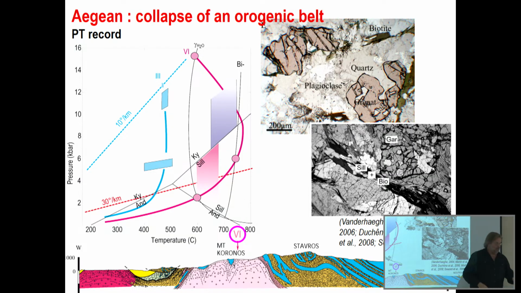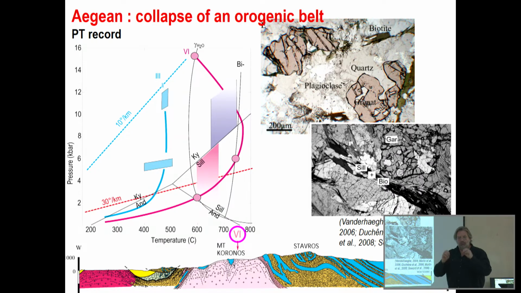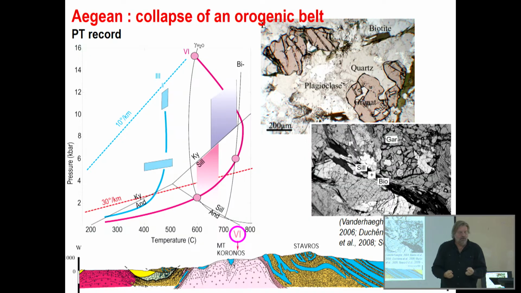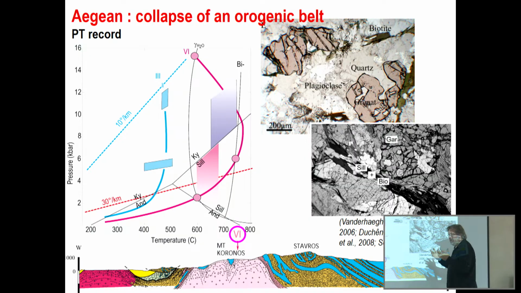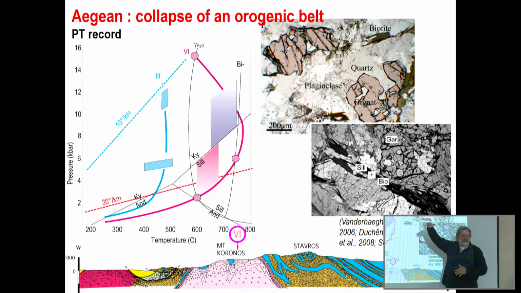So you see that you're starting now to play with different surfaces: material points, things that you can hold in your hand, and then surfaces that are immaterial, the surface topography. It's ever-changing, it's not a material line. And isotherms, these are also lines that go across rocks. These are not material lines.